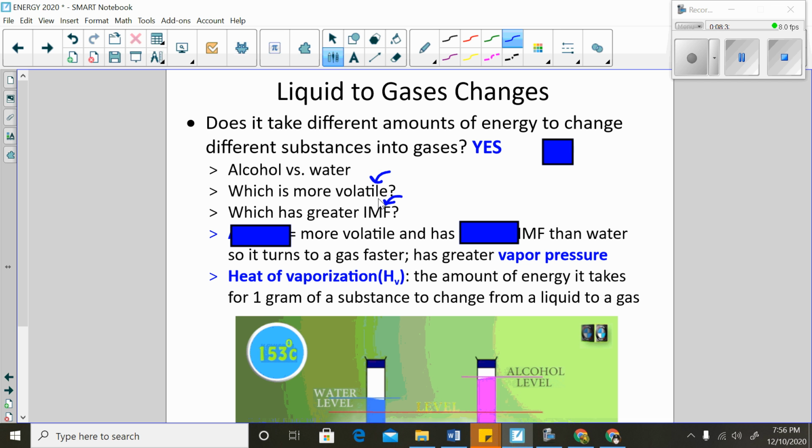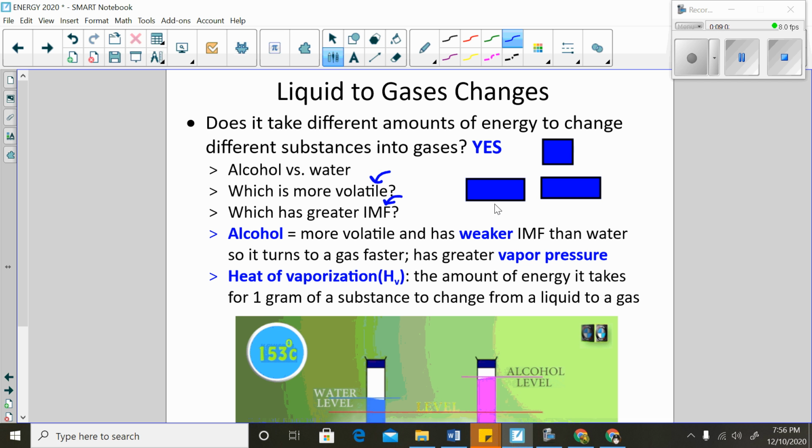So alcohol versus water, which is more volatile? The answer is alcohol. Just think of hand sanitizer, rubbing alcohol. Which has the greater intermolecular force? It would be water. So alcohol would be weaker. Why is that? Water has the hydrogen bond. That's the strongest of the three forces keeping that water together.